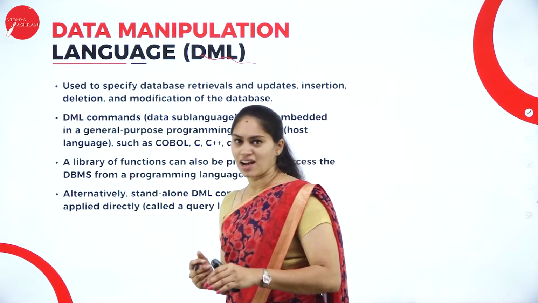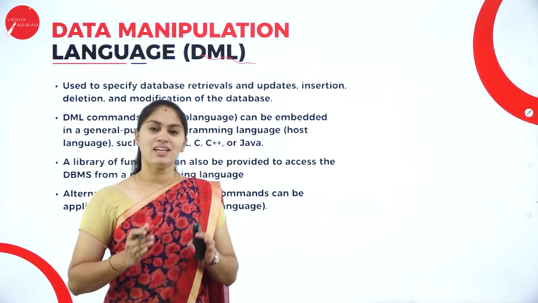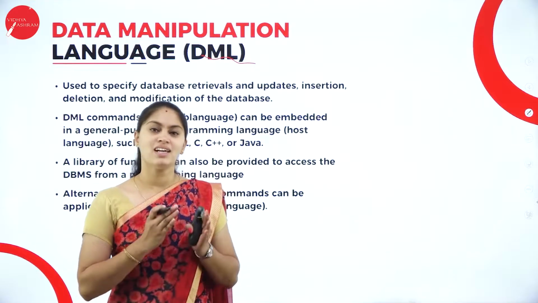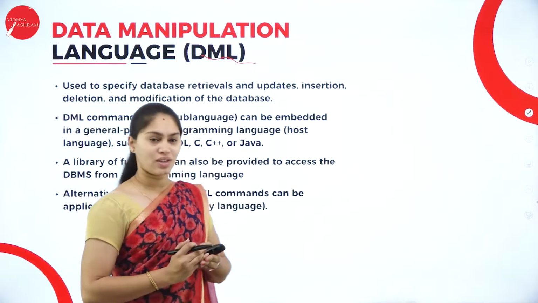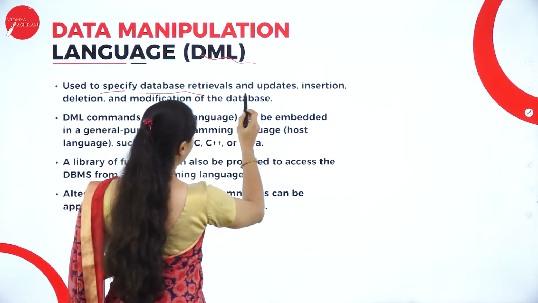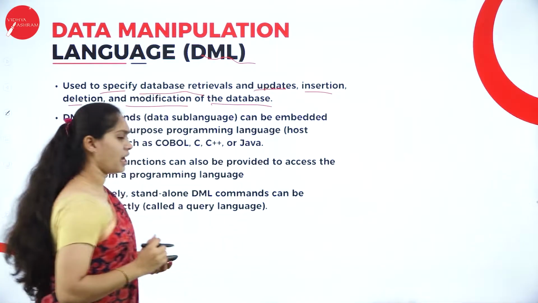Now with the data, I wanted to manipulate, I wanted to do some operation on whatever data is present in the database. For that purpose, we are going to have this data manipulation language. In short, it is DML. DML is a language that is used to specify database retrievals, update, insertion, deletion, and modification of the database.